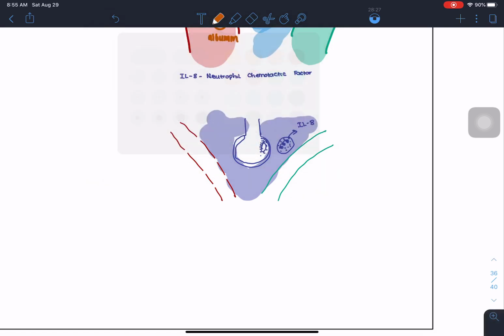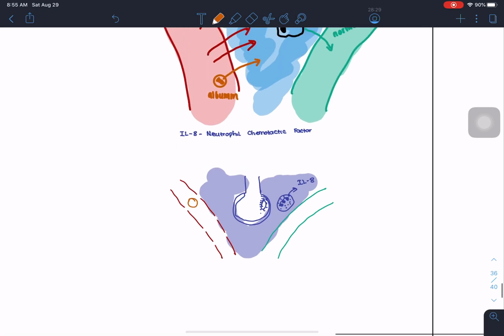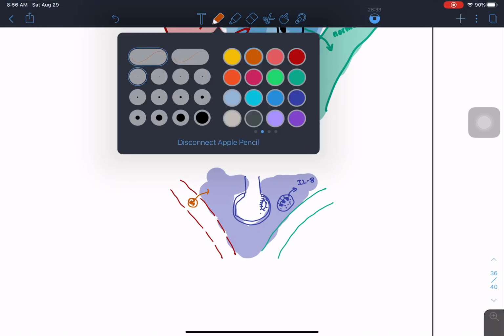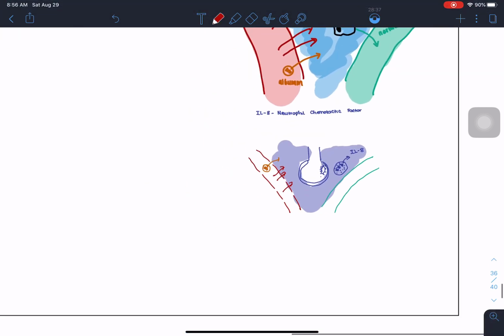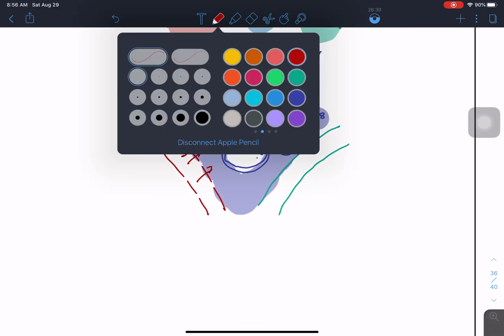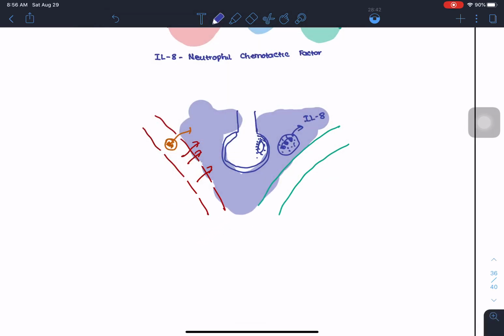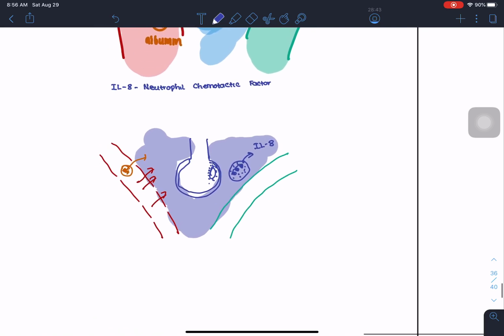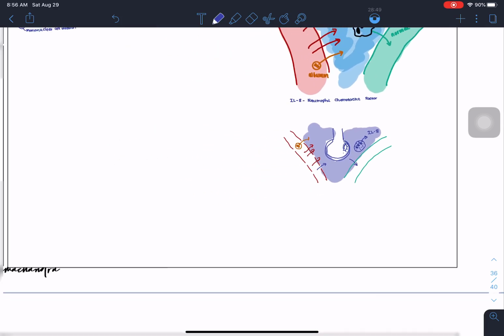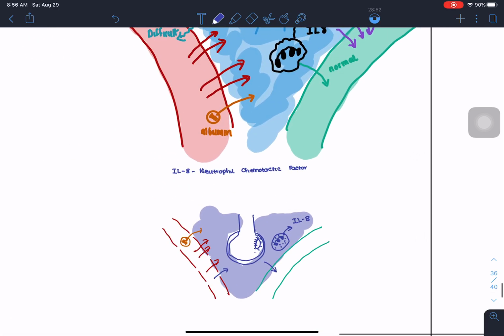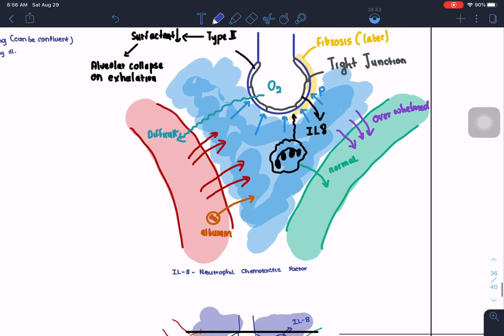So proteins like albumin will also enter along with the fluid. So as you can see, this is a mess of inflammation. There's going to be more fluid leaving into the alveolar spaces than fluid entering into the lymph drainage. So then you get consolidation, you get hardening of that area.